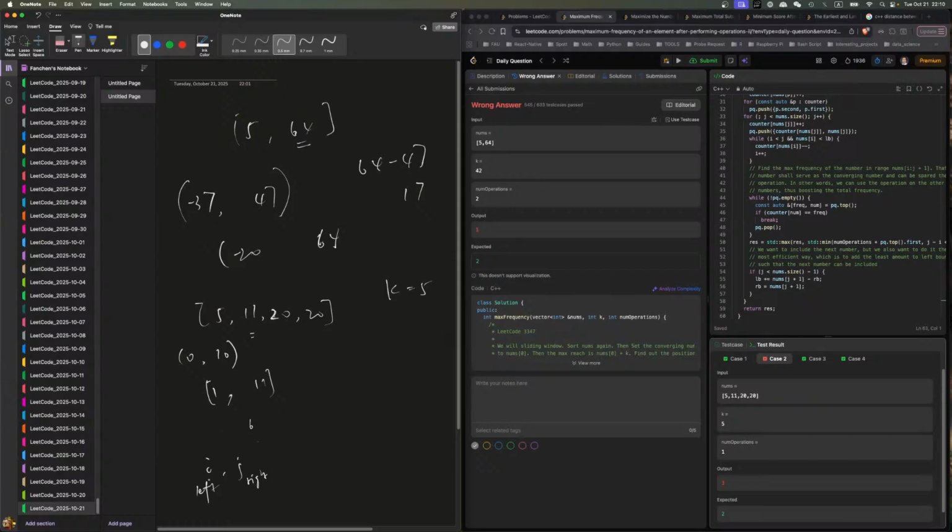So if the left cannot reach j, so what I need to know is for j, for the j position, the minus k. Which means in this range, everybody can turn into this.